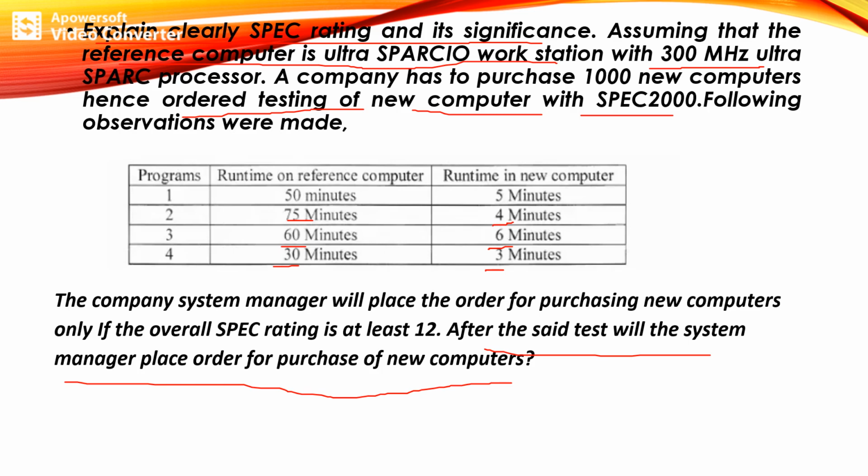So we have to compute the SPEC rating for different programs like program 1, 2, 3 and 4, and later compute the overall SPEC rating and compare it with the given rating, that is 12. If it is at least equal to 12, the system manager will place the order for purchase of new computers. If it is less than 12, the system manager will not place the order.